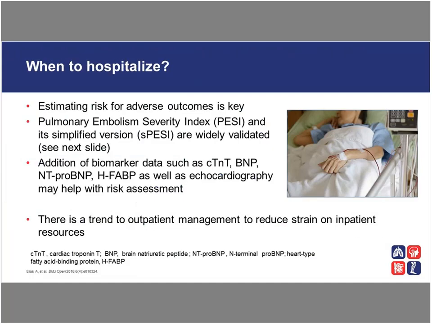So before I move on, that is the totality of evidence thus far published that looks at the initial therapy for cancer-associated thrombosis. Several studies have been done looking at low molecular weight heparin versus vitamin K antagonists.